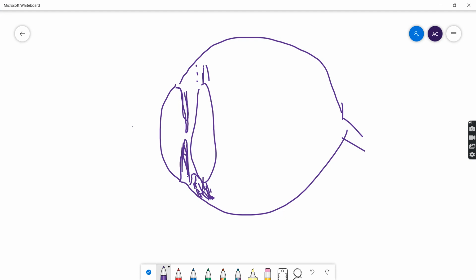Secondly, there is spasm of accommodation. The lens becomes globular because of accommodation and the near vision is increased and far vision is decreased.